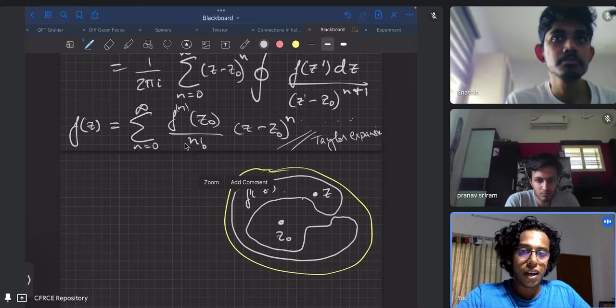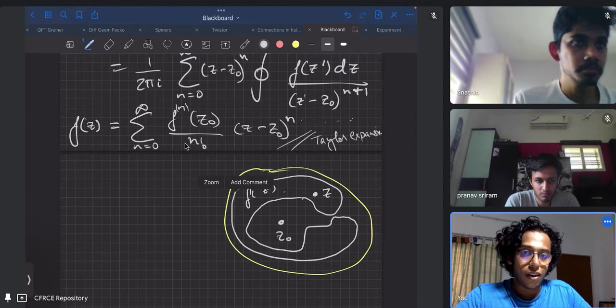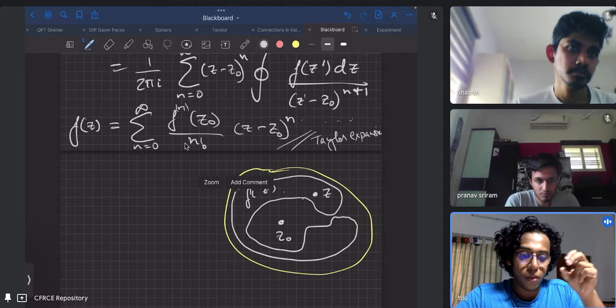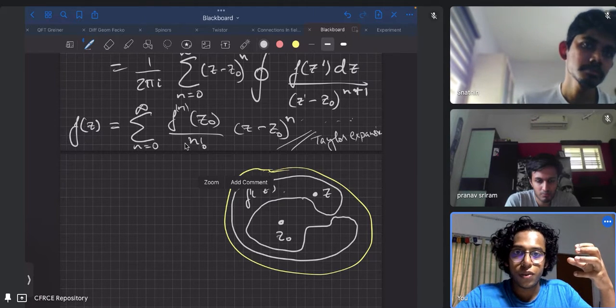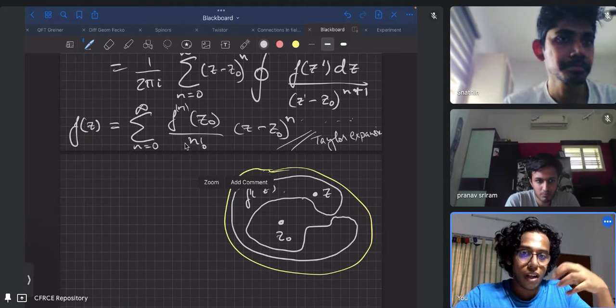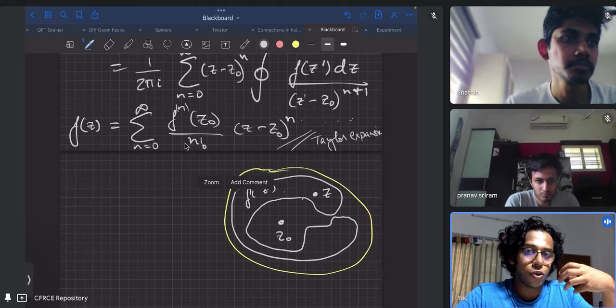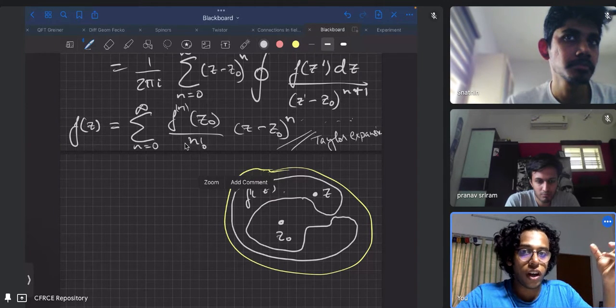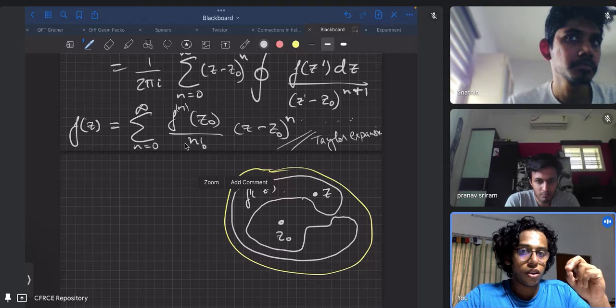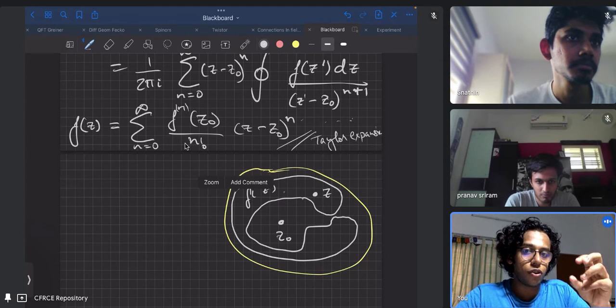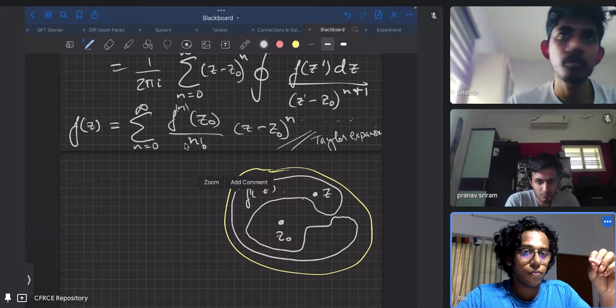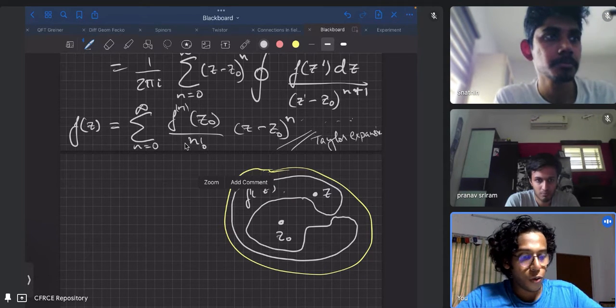Essentially you write z as a contour, and then you make this whole thing smaller and smaller. As you take higher powers of n, you make this whole thing smaller and smaller, and then you are essentially circling around z itself. So how does that work?